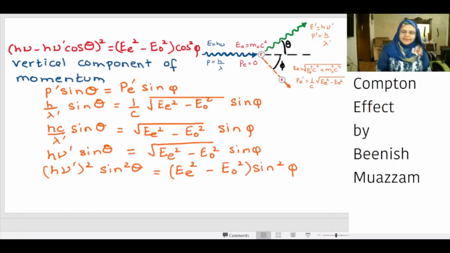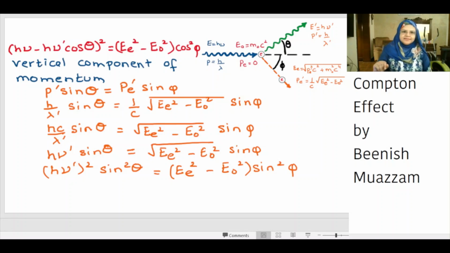Pe prime, the momentum of the electron after scattering, is equal to 1 over c under root E² minus E₀². We will take c to the other side, therefore we get hc over lambda prime sin theta is equal to under root E² minus E₀² sin phi.